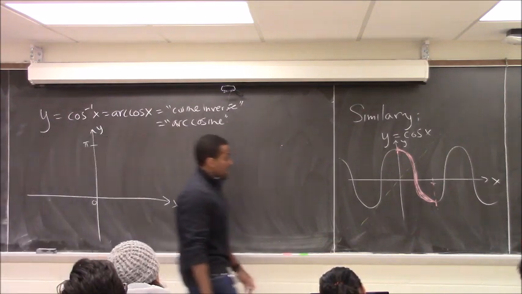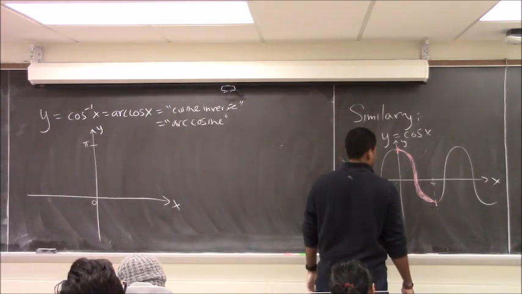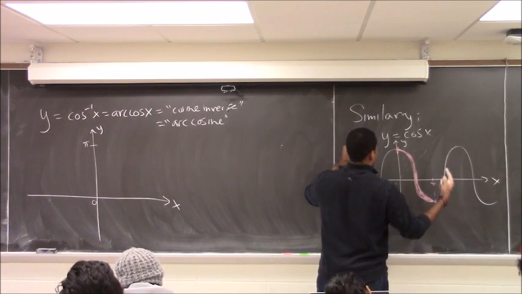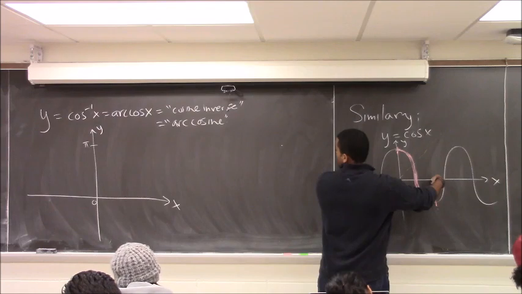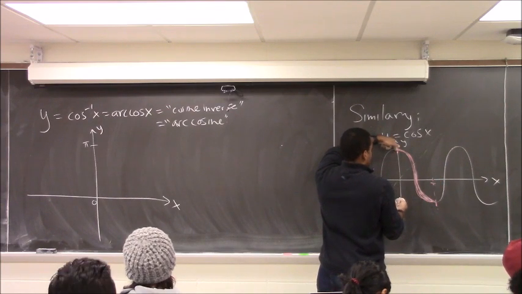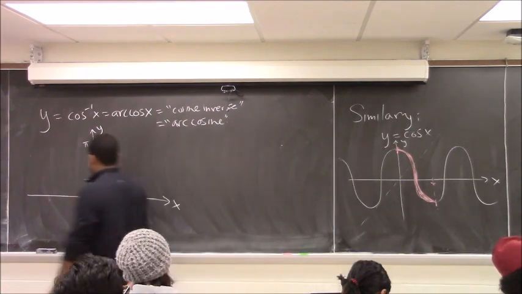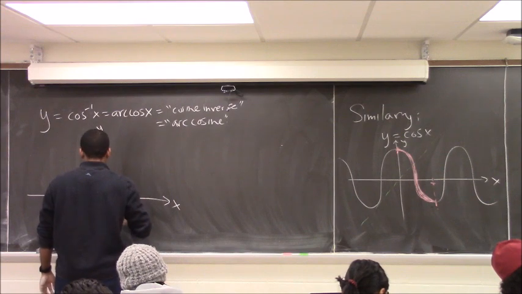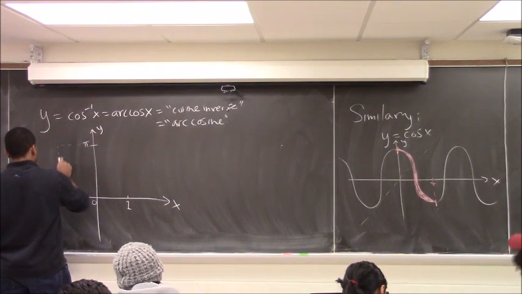Notice also that on the y-axis we're from -1 to 1. So here on the x-axis we're going to go from -1 to 1. So the entire graph is going to happen inside this box.